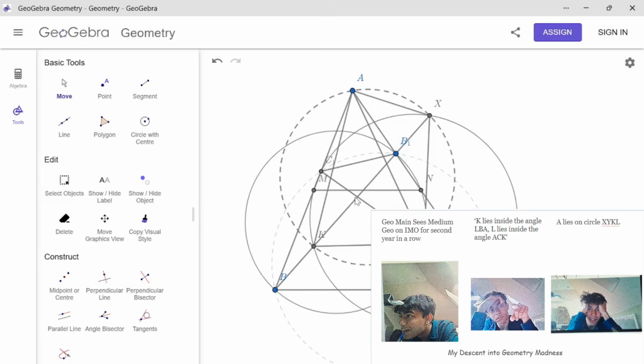Yeah, again, we don't have A anywhere. Hopefully this is not just angle chasing. If this is just angle chasing, that's just no way, surely not.